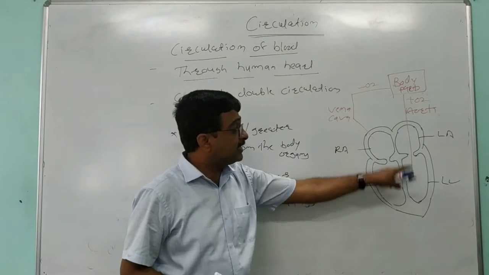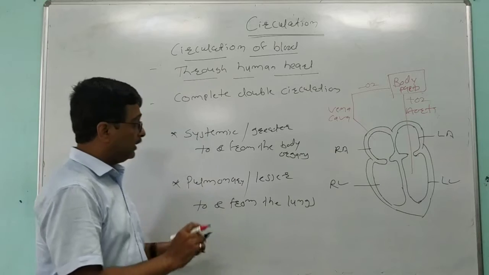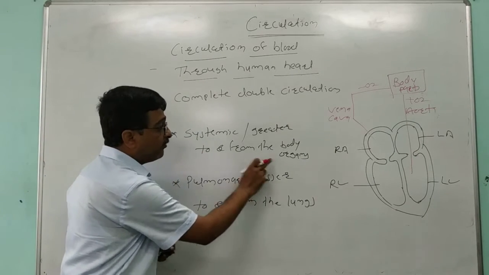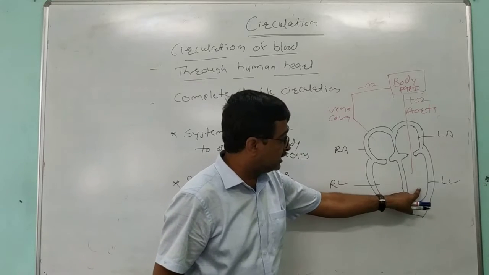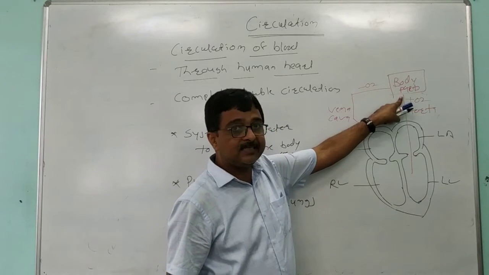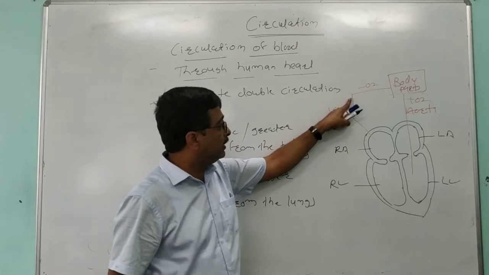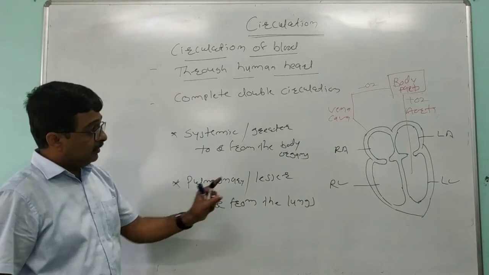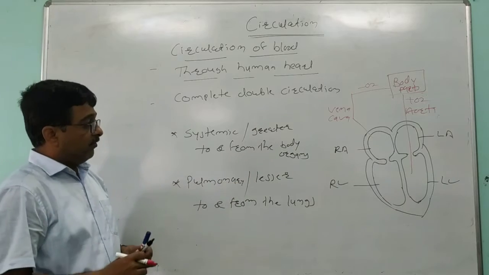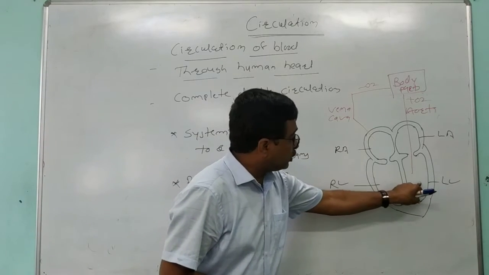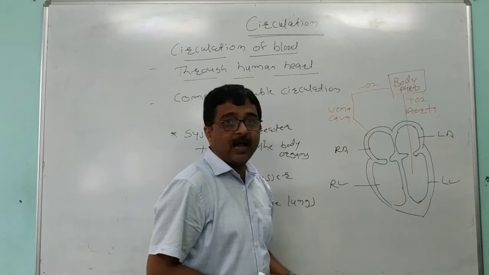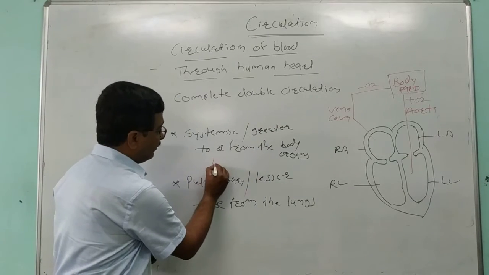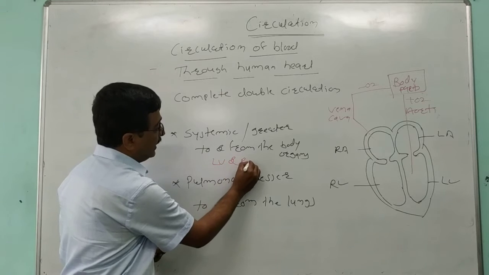So this is systemic or greater circulation, in which there is a flow of blood to and from the body organs. The blood is supplied to the body organs, and from the body organs the blood again reaches the heart. And the chambers of the heart which are involved in this first type are the left ventricle and right auricle.